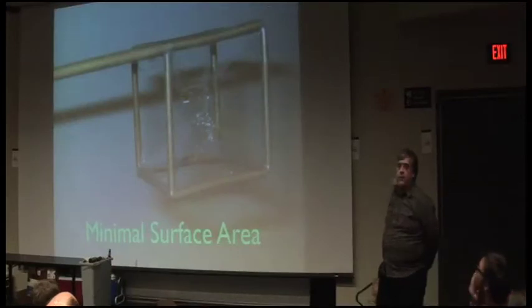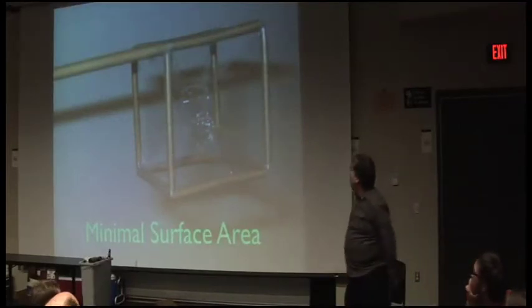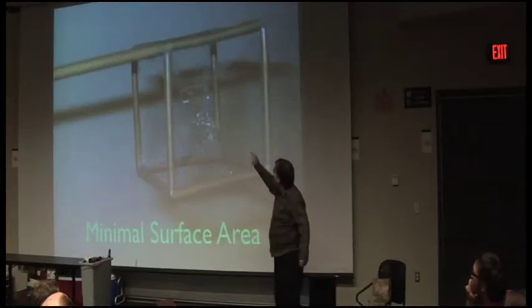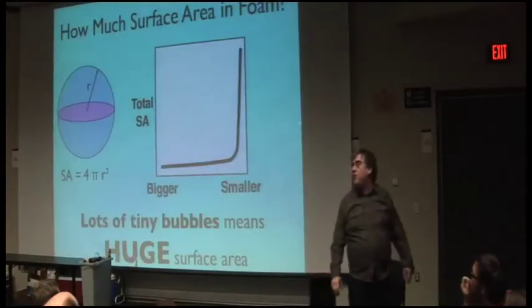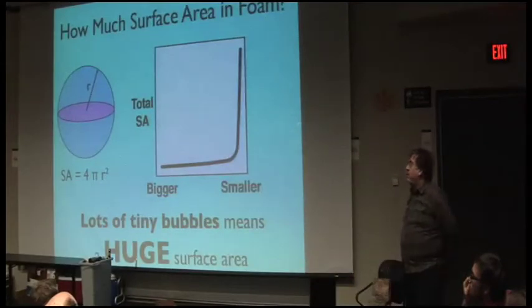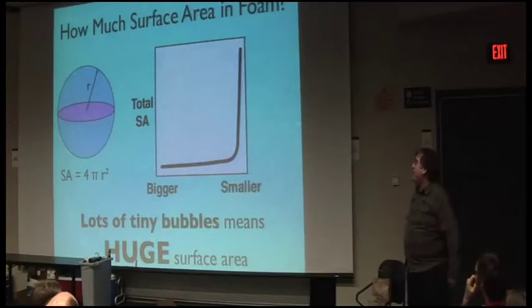Some people are probably familiar with this: when you have soap film, it finds the minimal surface area for a given wireframe. If you see in the center, there's a tiny little cube there. So the soap film will find the minimal surface area. So if you have a bunch of foam, what's the surface area? All the little bubbles together.